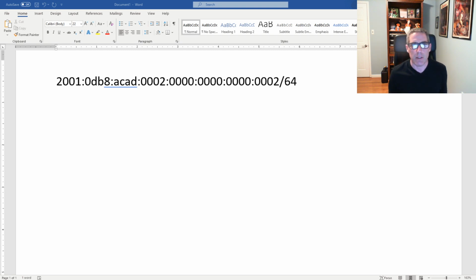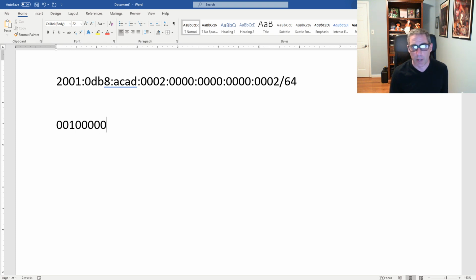Now let's discuss why we see the address this way instead of 128 zeros and ones. Writing out 128 zeros or ones is tedious and prone to error, and I'll show that here. If I take this first hextet and translate it into binary, 2 in binary is 0010. 0 in binary is four zeros.